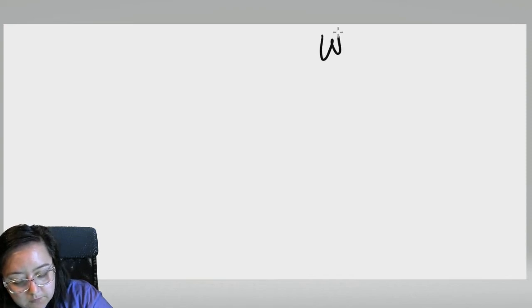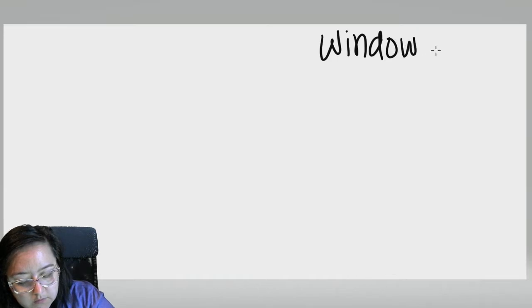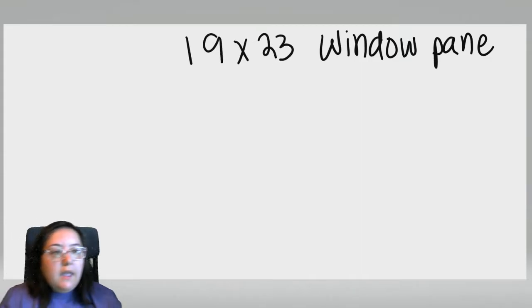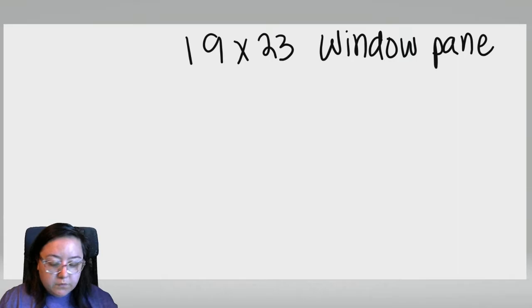Alright, so with the window pane, we're going to do the same problem, 19 times 23. And the reason we call it window pane is because when you set this problem up, it looks like a window.